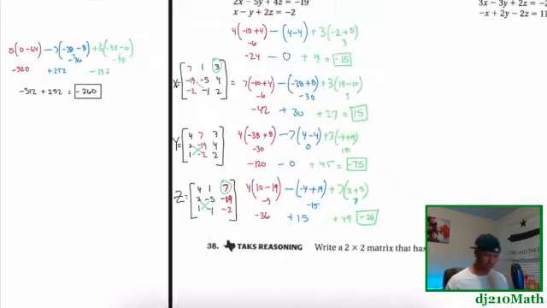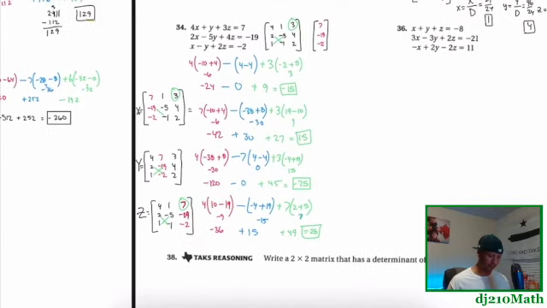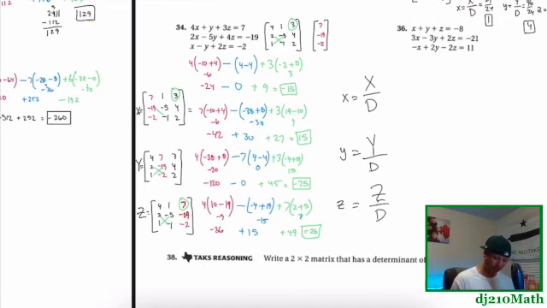Okay, when we go to figure out what our little x, little y, and little z are, we take big X over D, big Y over D, and big Z over D. This is going to be 15 over negative 15, which is negative 1.